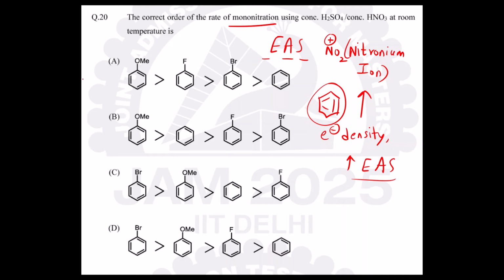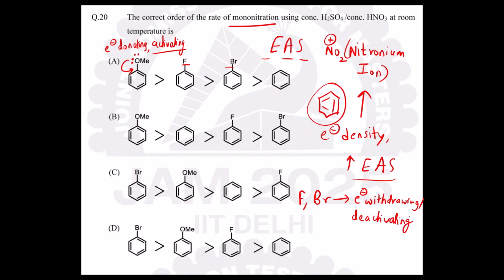Okay, so which one is going to be most electron rich? OMe, right? It is an electron donating group and a ring activating group. Now if you see the halogens, fluorine and bromine, they are electron withdrawing, or you can say deactivating groups.